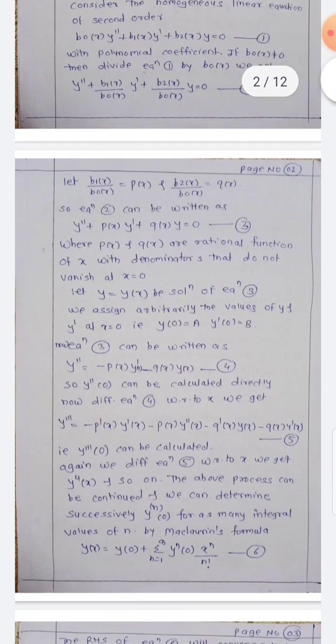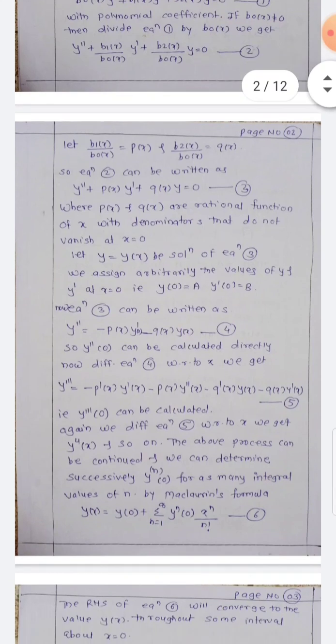Again we denote the rational coefficients b1(x) upon b0(x) equals p(x), and b2(x) upon b0(x) equals q(x). So equation 2 can be written as y double dash plus p(x) into y dash plus q(x) into y equals 0.